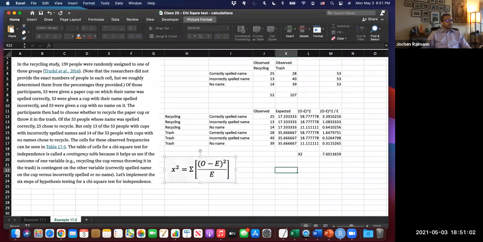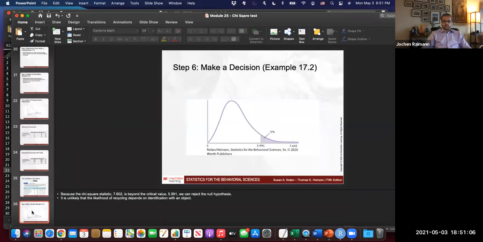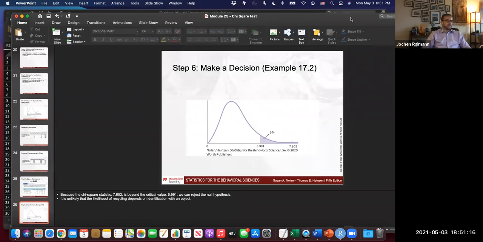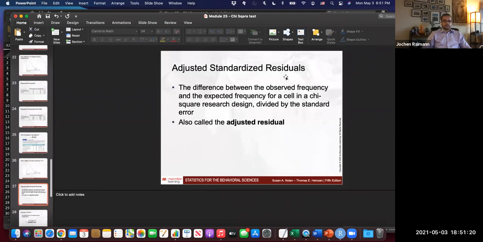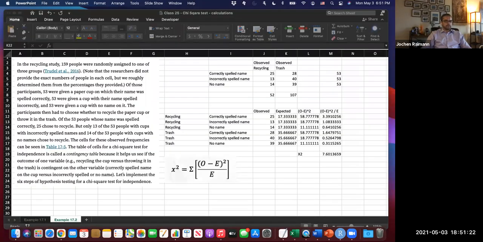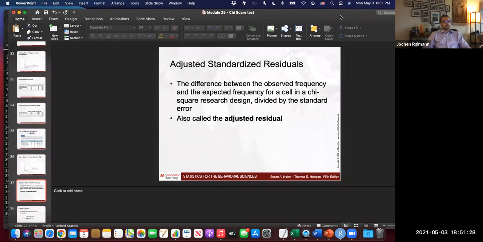So this chi-squared, we're comparing this now against our null hypothesis. We remember that 5.99 was our critical value. Our 7.61 is exceeding 5.99, and we're basically rejecting the null hypothesis. Okay, it's pretty simple, right? But as soon as you have the concept, it's pretty clear what you're doing.